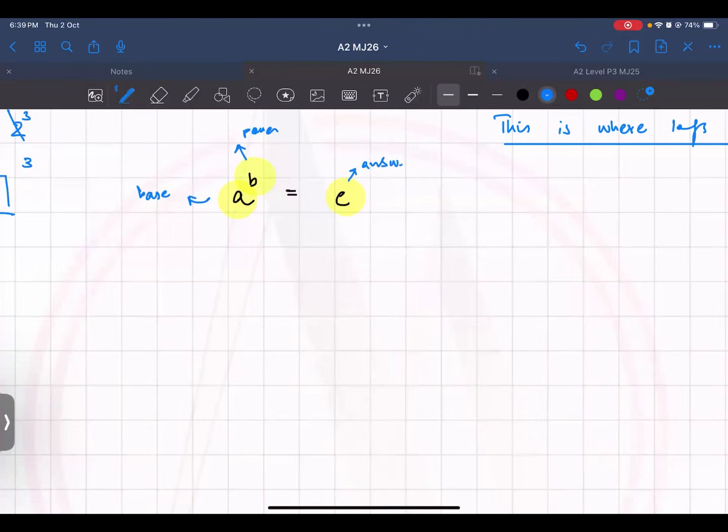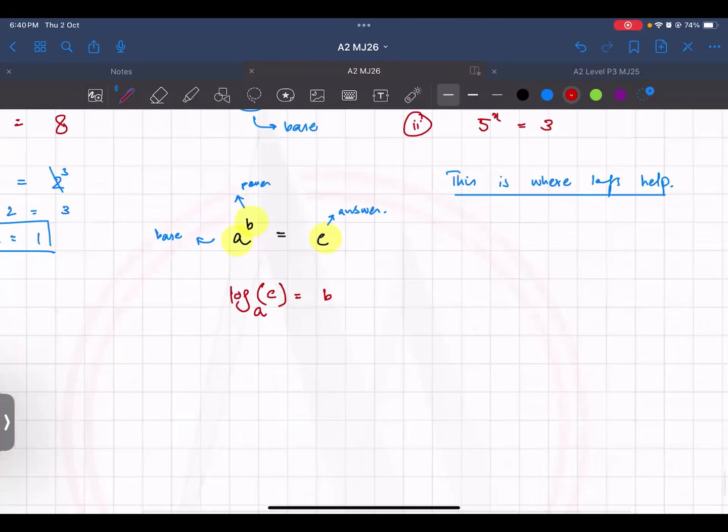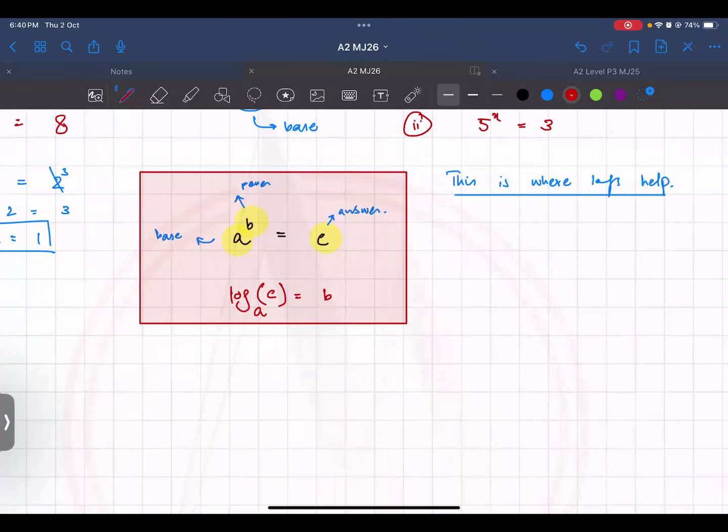If you convert it into logarithmic form, the base becomes the base of the log. Log is log, and the base is still the base, a. The power comes outside the is equals to. And your answer, c, comes inside the log, like this. So this is how you can convert your exponential to log and from log to exponential, whatever the need be.